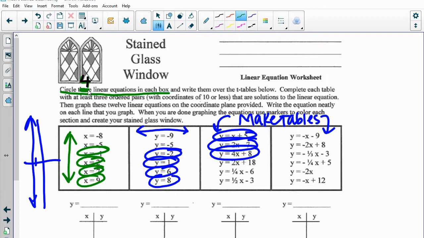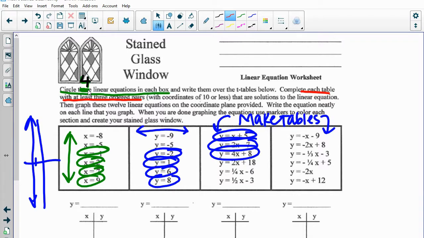On your tables, the instructions say, complete each table, will you underline this, with at least 3 ordered pairs. But now the trick is, you have to be super careful with the x's you choose because the graph we're using only goes to 10 and -10. So you've got to pick wisely.